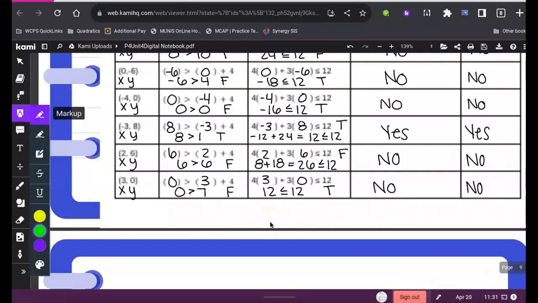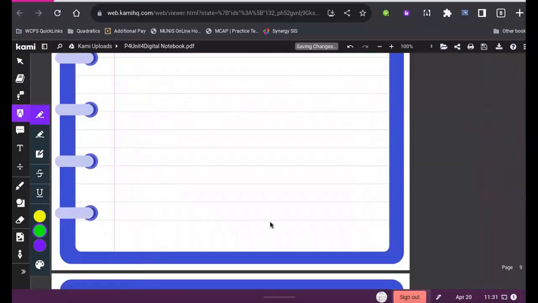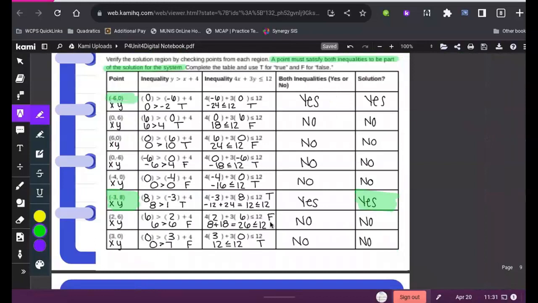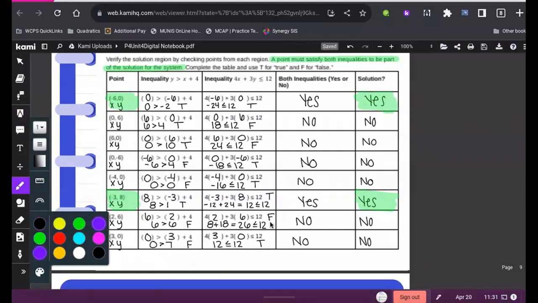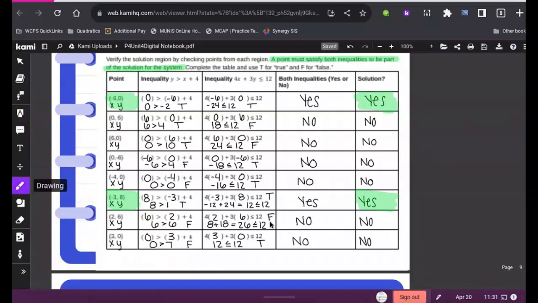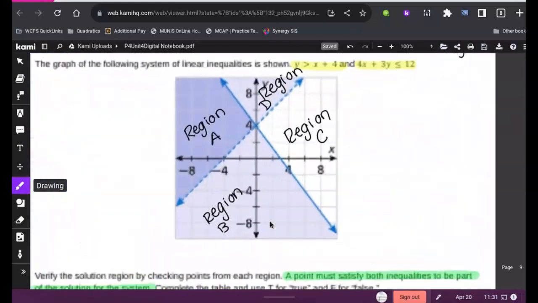All right, so I'm going to go back and I'm going to highlight the 2 coordinates that say yes, it is a solution. So there was my yes, and here's another coordinate where, yes, it was a solution. So I'm going to go back up to this graph, and I'm going to put both of these points, so negative 6, 0.